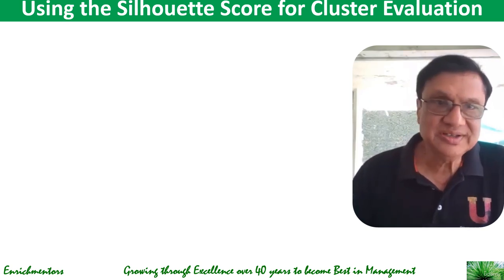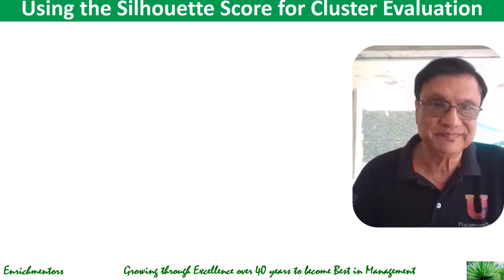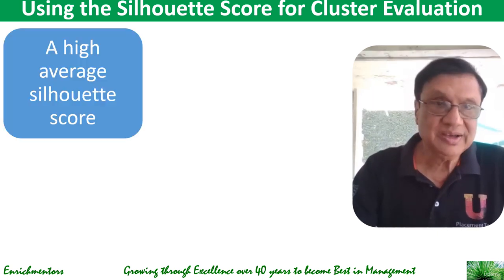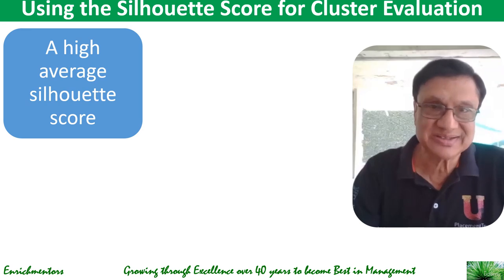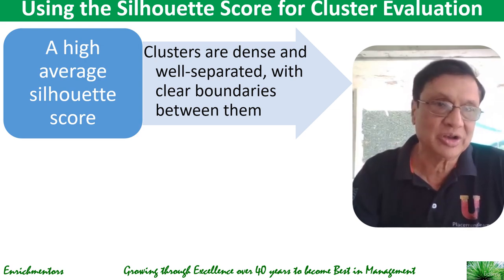The next question is, how do you use the silhouette score for cluster evaluation? The overall quality of clusters can be assessed by examining the distribution of silhouette scores across all data points. A high average silhouette score indicates that the clusters are dense and well separated, with clear boundaries between them, so it's good clustering by the algorithm.